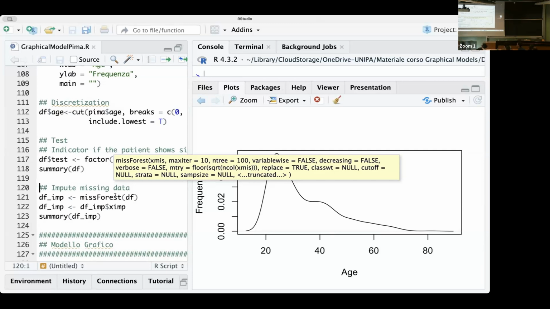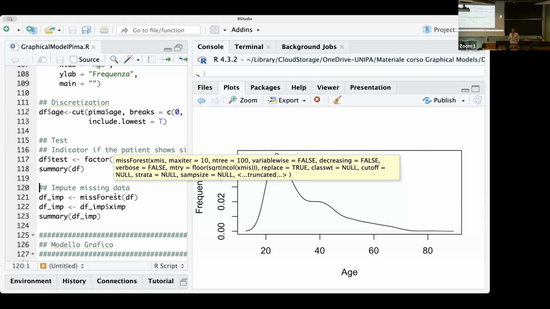I preferred this one because it's related to the tree structure, so it's related to the graphical models in a way, and it does the imputation quite well. The data are missing at random, and there are other assumptions, okay? But you can use this function if you want, otherwise you can use whatever function.